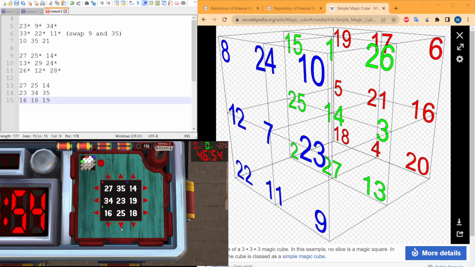Move it like that, and then where's 23? It's here. 27, 25, 14, 23, 16. Alright, I forgot, I have a reason for this.